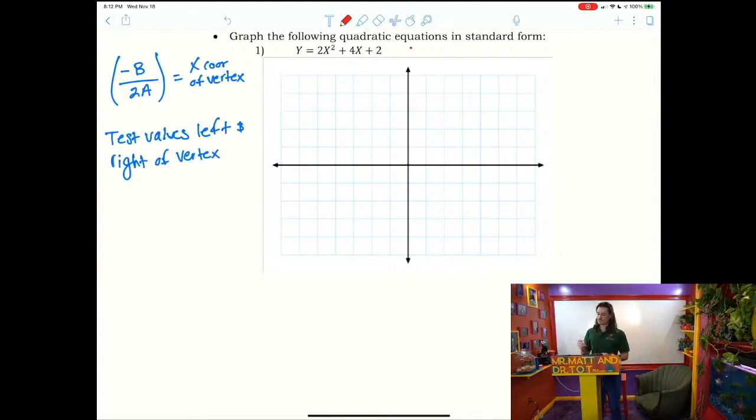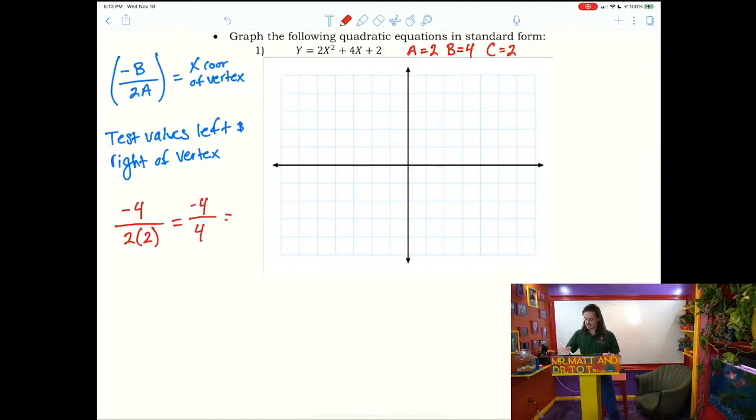So if we were to substitute those values for a and b into the expression negative b divided by 2a to find the x-coordinate of the vertex or the equation for the axis of symmetry, then we would have negative 4 divided by 2 times 2. So negative 4 over 4 is going to be negative 1. So we have x is equal to negative 1 as the axis of symmetry.